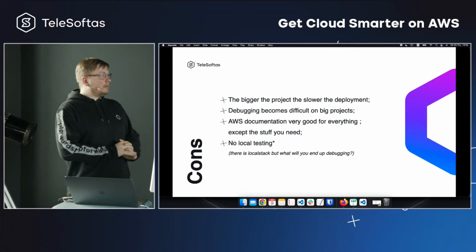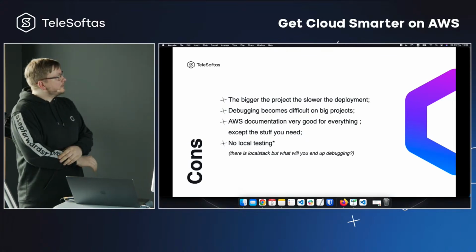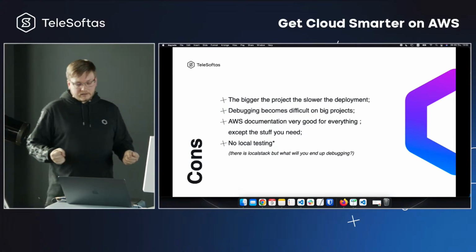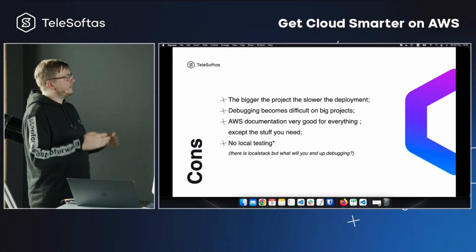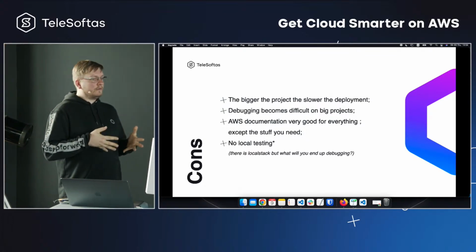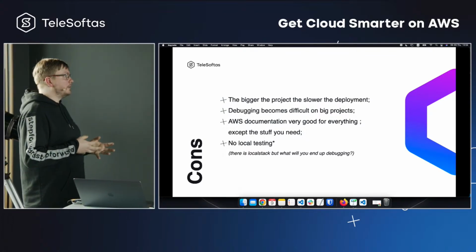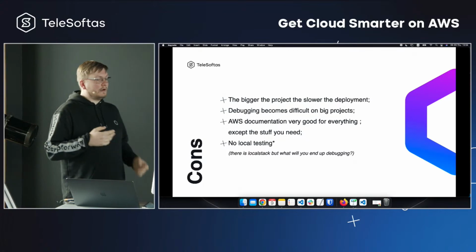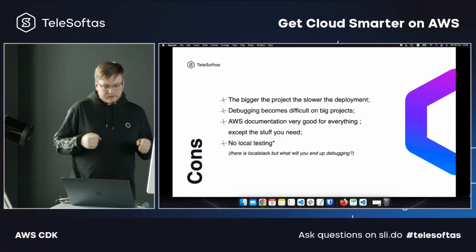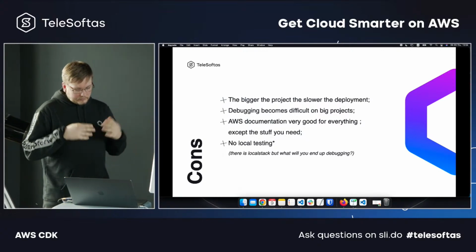Then debugging becomes difficult on big projects, which I guess is completely an AWS thing. But I feel, because it's so easy to get into this, looking for those error messages or where to look for stuff becomes way harder, because you're not that familiar with AWS infrastructure and the whole thing.